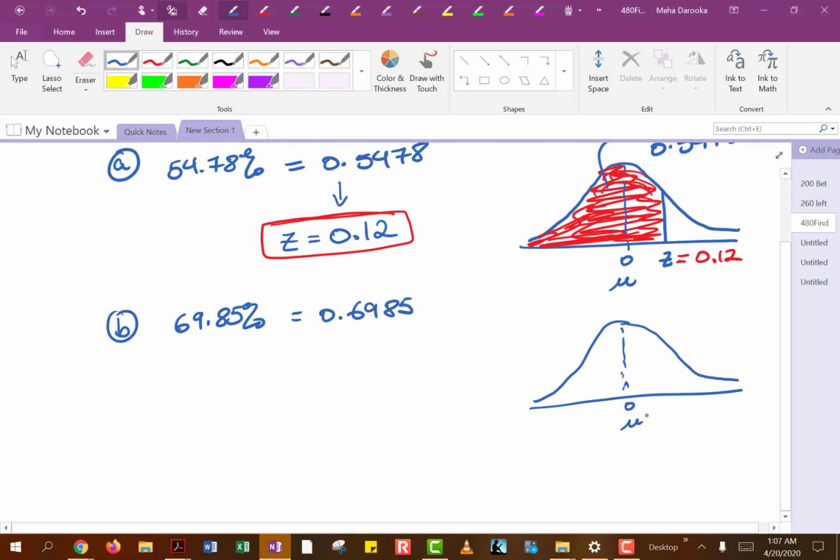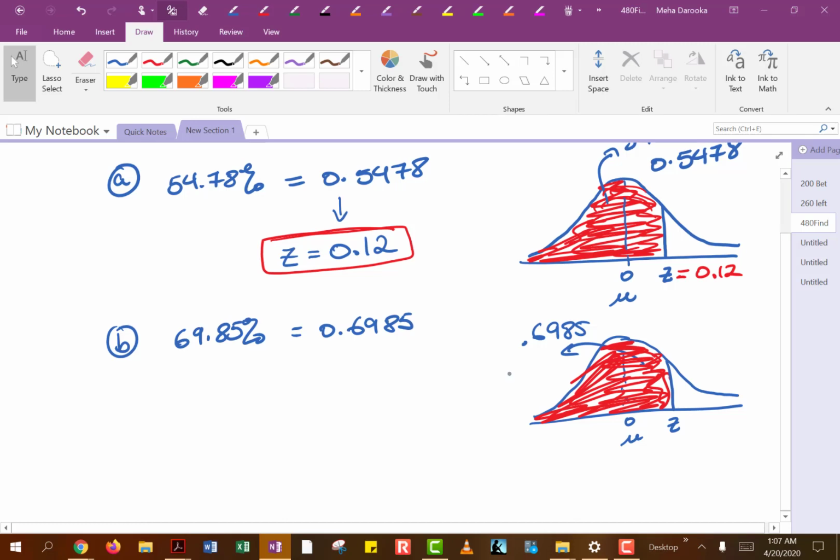Okay, so now we're looking for a z-score where this area, again, all of it to the left, this total area is going to be 0.6985, or your 69.85%, right?